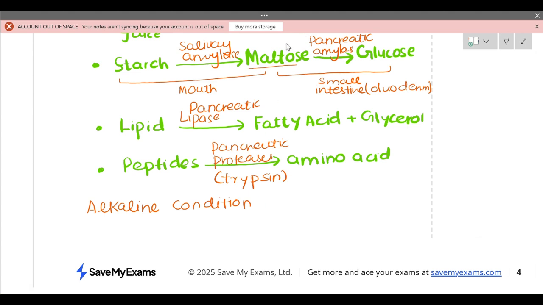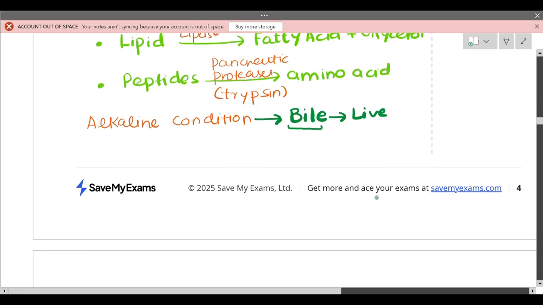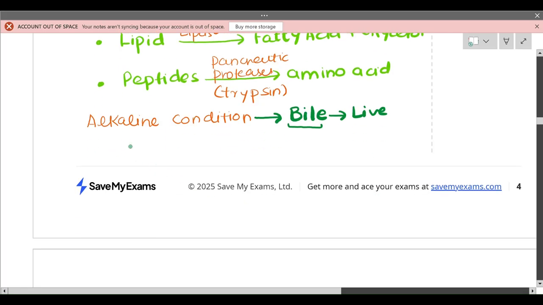So where do we get these conditions from? These conditions are produced as a result of the secretion of bile. Bile is a secretion that comes from your liver.